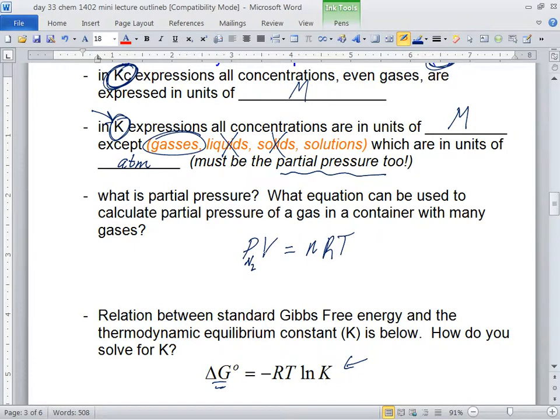P with little n2. Sometimes we had a T on it for total. We want n2. So Cameron, where else would it make sense to put a subscript n2? Anybody help them? N definitely, because N is number of moles, so it definitely makes sense to put a little subscript n2 there. Where else?